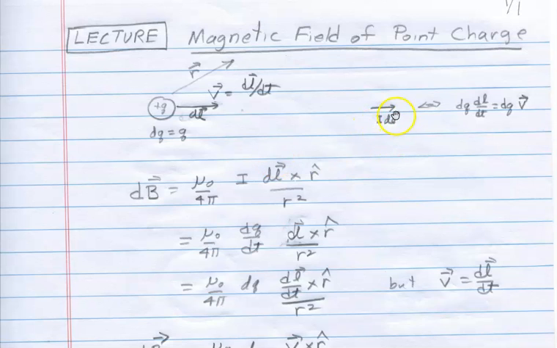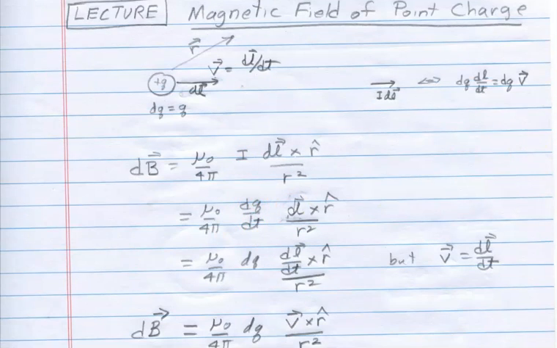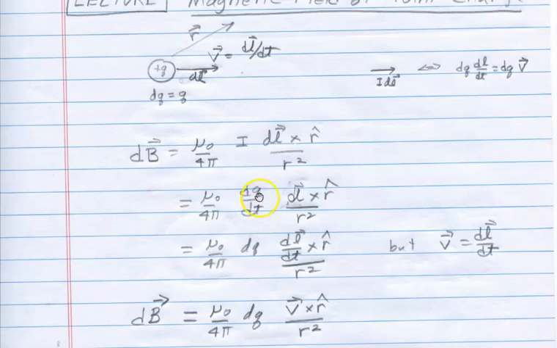So for I dl, in the case of a point charge, it simply becomes dq dt, that's the current, dl vector, and now move this dt underneath the dl, and that's just the velocity vector. And so I get dB is equal to mu naught over 4 pi dq, the velocity of the charge crossed into r hat over r squared in the Biot-Savart law.